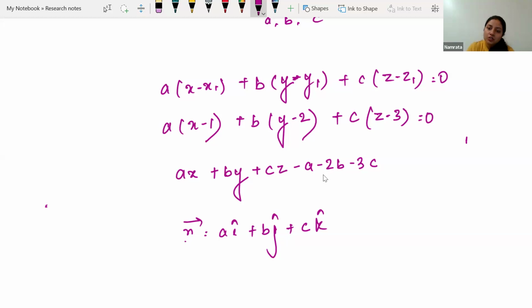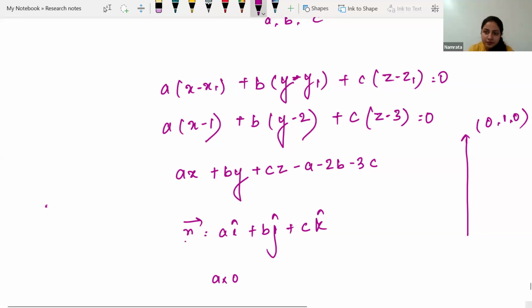So we know the direction ratio of y axis is 0, 1, 0. Okay, that means if we will take a into 0, dot product will be 0, right? Since we are saying both will be perpendicular, yes or no? Let me know.